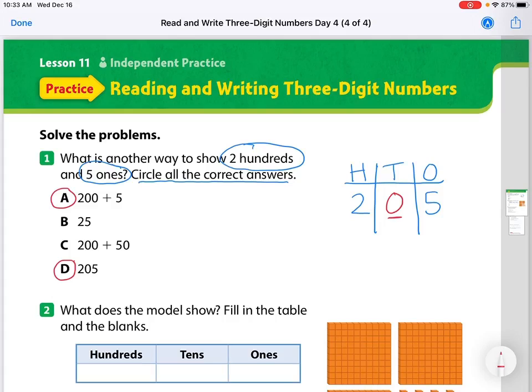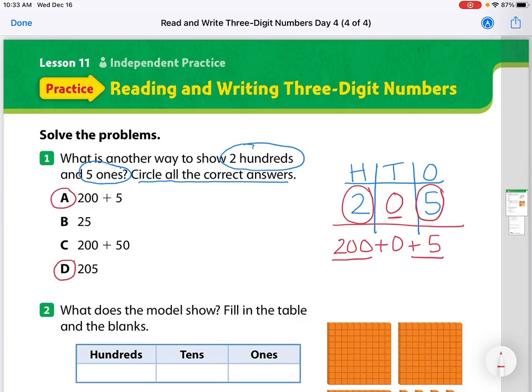A is correct because 200 plus 5 is the same thing as 205. And I know that because I know that my value here in the hundreds place, when I have a digit 2 there, is 200. And then when I see that I've got 0 tens, and then I know that the value of the 5 in the ones place is 5.